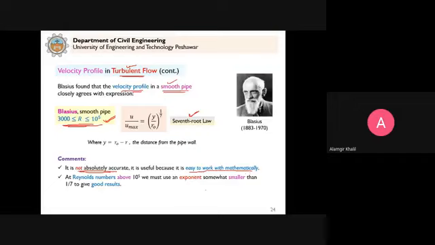And if the Reynolds number is above 10 power 5, which is the upper limit, then an exponent somewhat smaller than 1/7 will give good results. So this is another way of representing the velocity profile for turbulent flow, but the logarithmic velocity profile, and also the experiment you saw in the video, agrees very well with the practical situation.